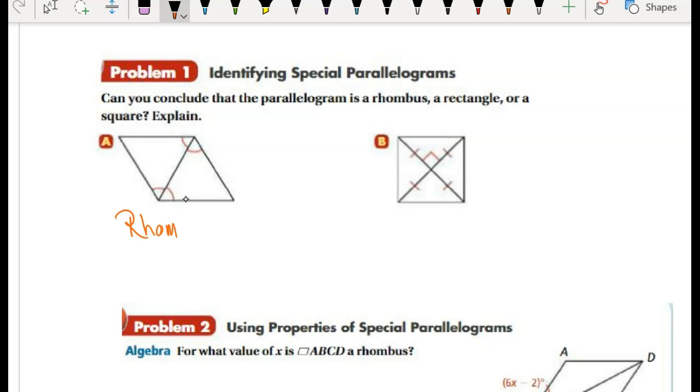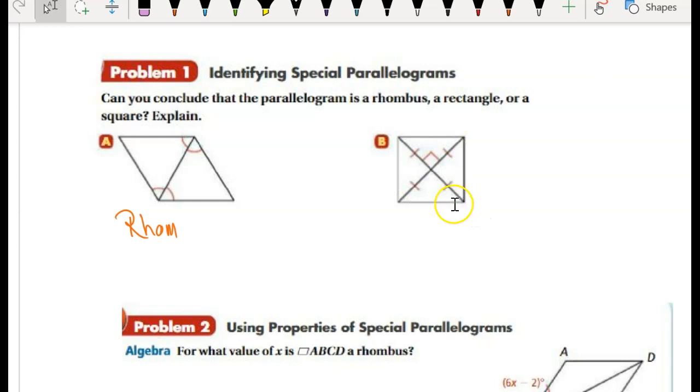Now let's look at B. So we have two diagonals. Oh, I see that they form a right angle. Let's see. Tell me what you think.